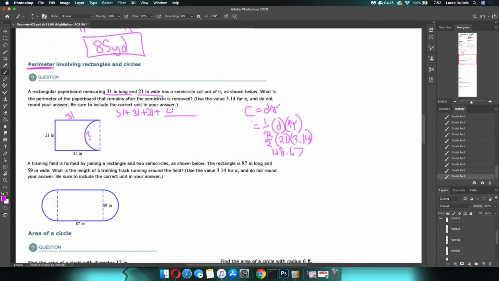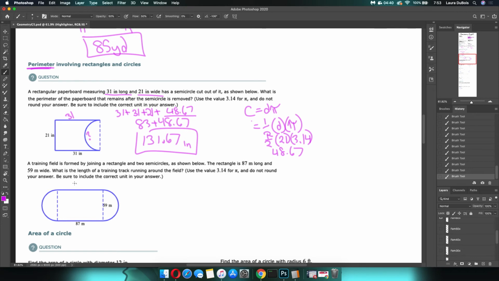Then 48.67 plus 48.67, so 30, 60, 80, 83, plus 48.67. That is going to be 131.67 inches.